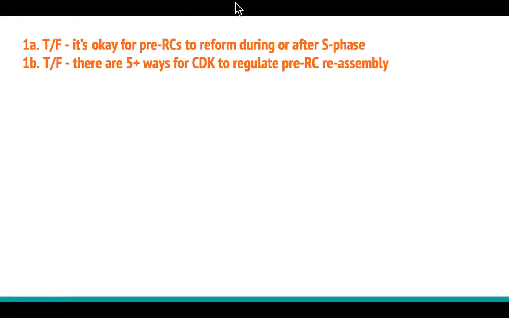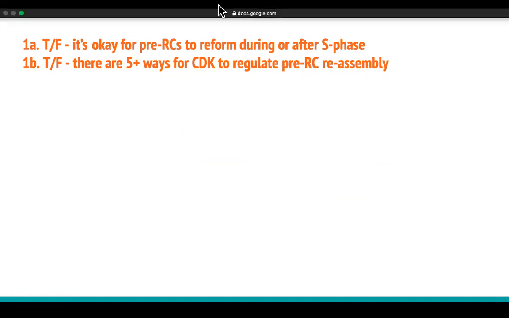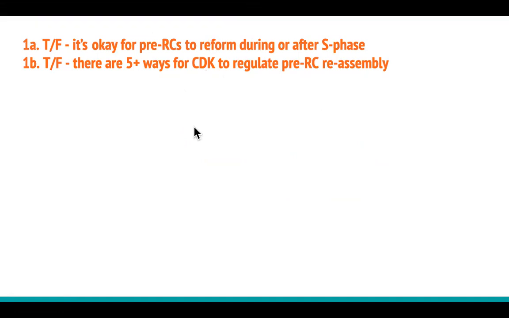Okay, so first one, true or false, it's okay for pre-RCs to reform during or after S phase. Do you want to explain why? Because you don't want the DNA to replicate anywhere. Yeah, exactly.